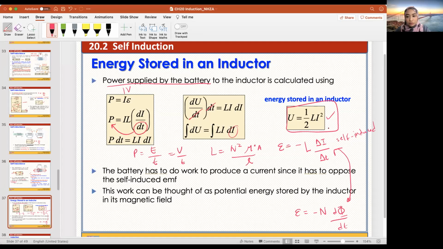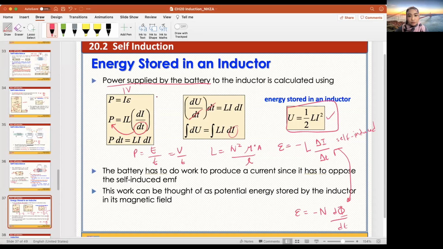Okay, so U equals to 1 over 2 Li squared. This du, when you integrate it, it becomes just U. So U is the potential energy stored in your inductor. It is equal to 1 over 2 inductance times I squared, your current squared.